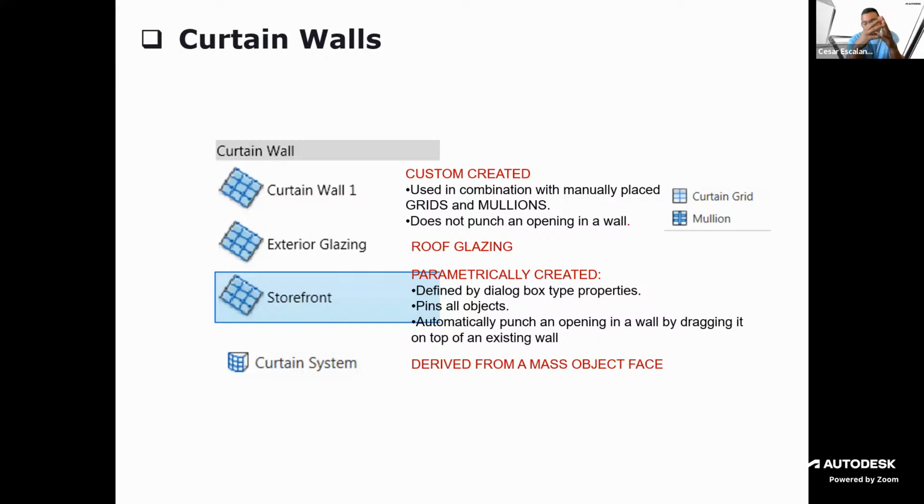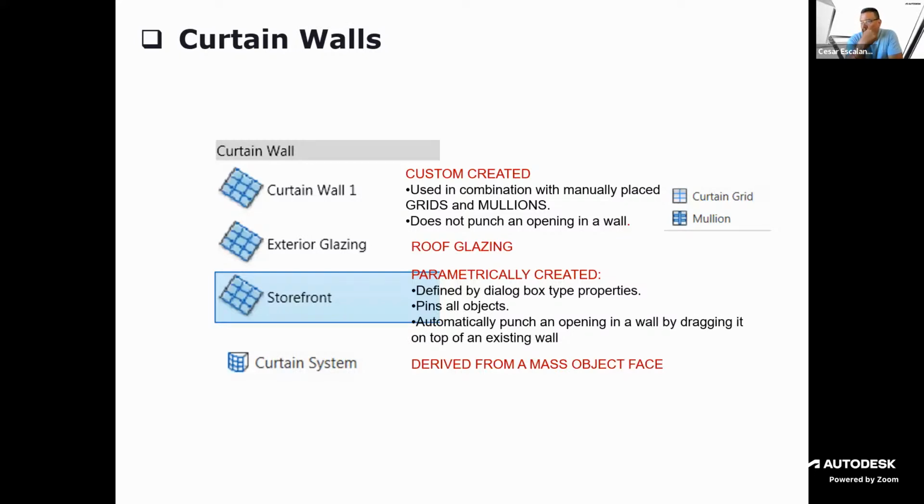So this could be, if you have an incline or a sunroom or a special type of canopy or a waiting room or a lobby that has a featured design, then you can use the exterior glazing family to display sloping conditions. We don't use that very often, but maybe you could use it on your end.